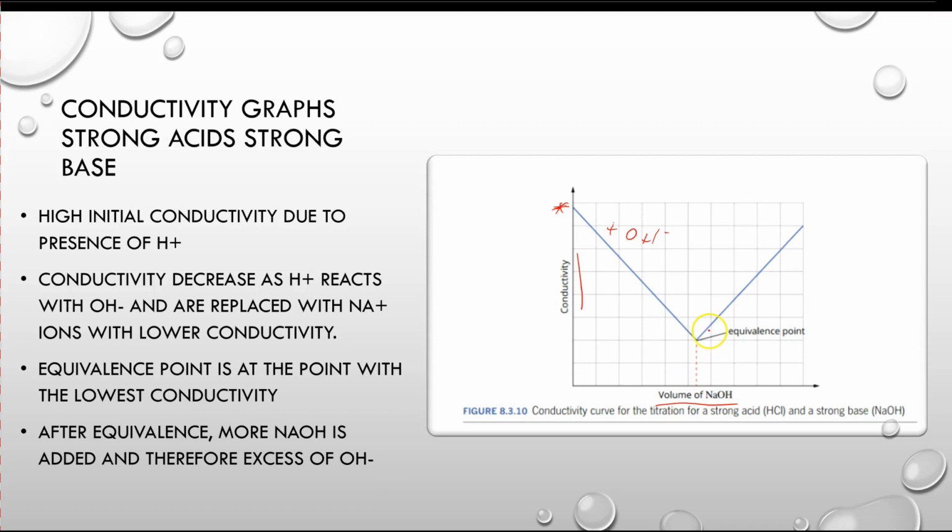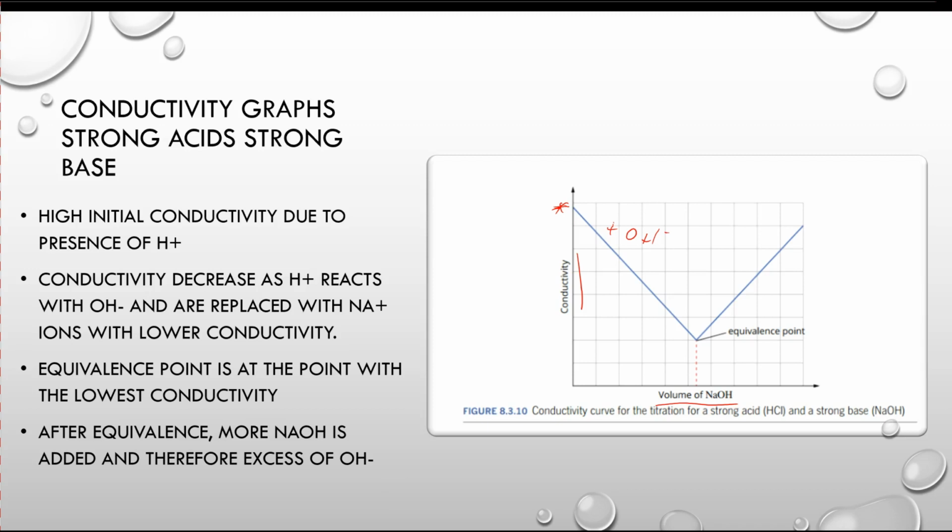our conductivity decreasing. Now this point here on our graph is our equivalence point, the point where the hydrogen ions equal in concentration our hydroxide ions. And that's always indicative with our equivalence point of the lowest conductivity.